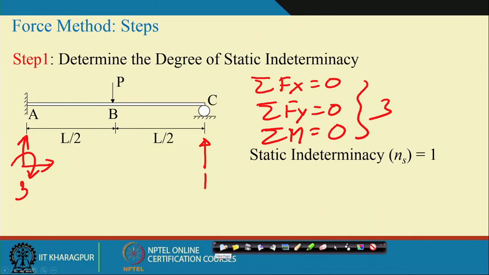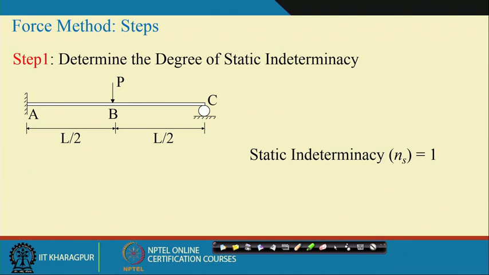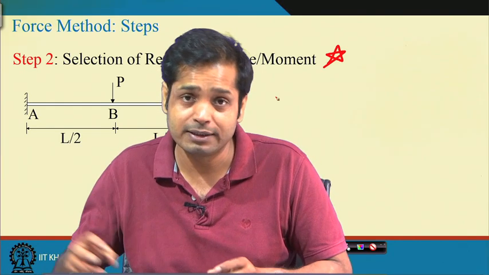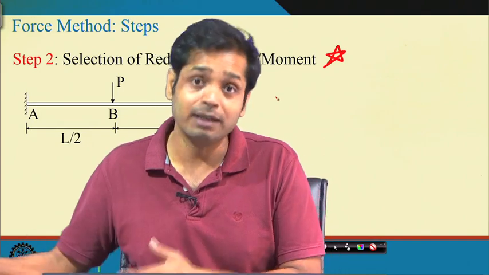Okay. So, once we determine the static indeterminacy, the next step is selection of redundant forces. This is a very important step. If you recall, what is the purpose of selecting the redundant force? That is the force we are going to treat as unknown, and based on that force we have to decompose the entire structure into a basic determinate structure.